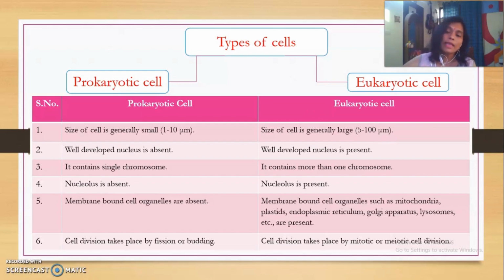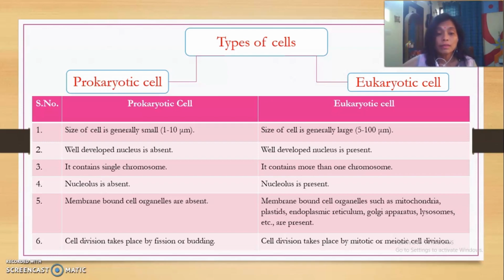Prokaryotic cells are not well developed, and the nucleus in them is not prominent, or in other words, a well-developed nucleus is absent in prokaryotes, whereas a well-developed nucleus is present in the eukaryotic cell.